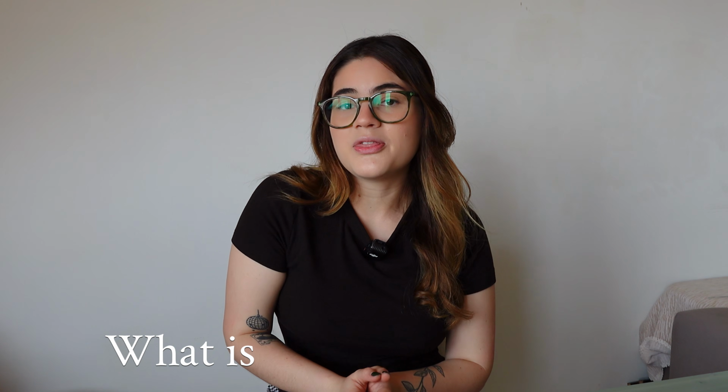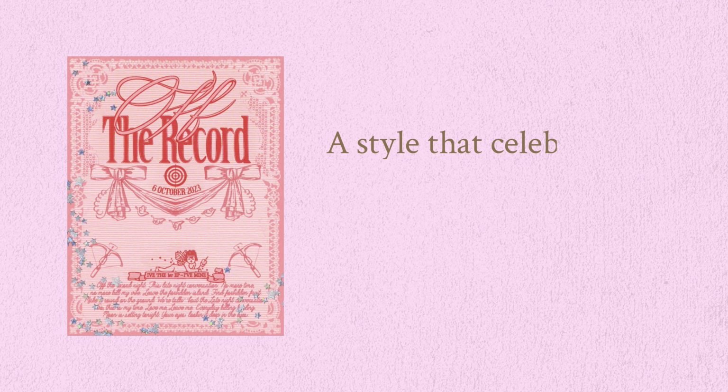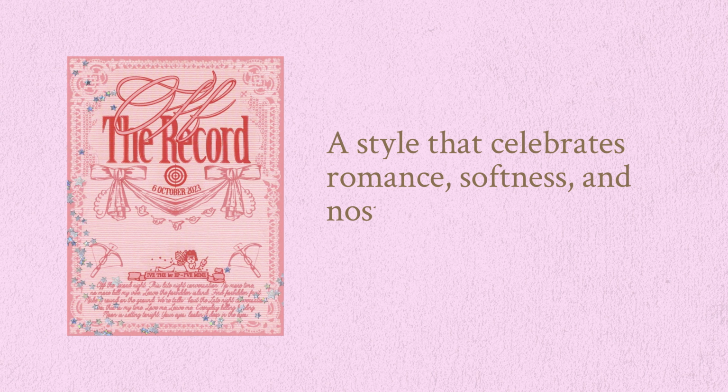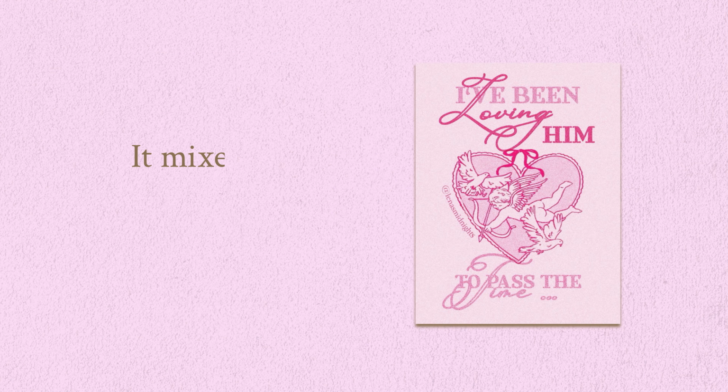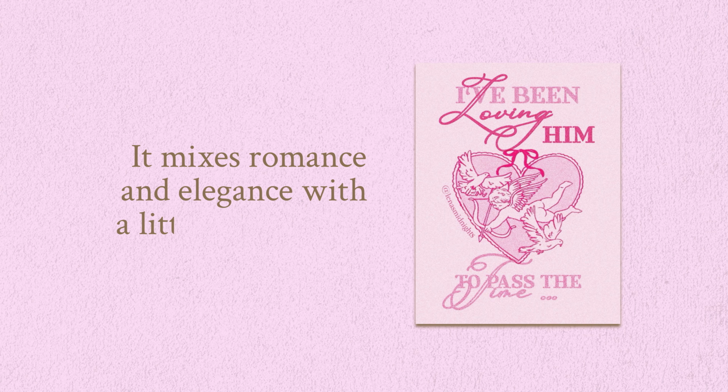So what is the Coquette style? Very trendy, very famous, you've probably heard of that. In short, it's a style that celebrates romance, softness, and nostalgia, but with a playful, flirty twist. It mixes romance and elegance with a little bit of irony because it can definitely be kitschy, and I think that's super fun.